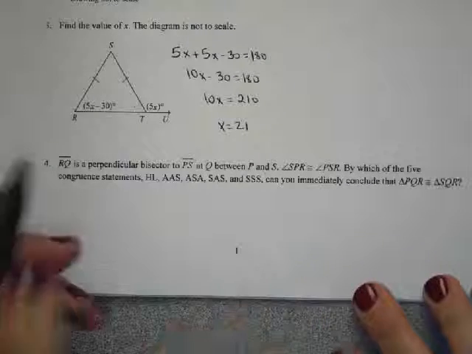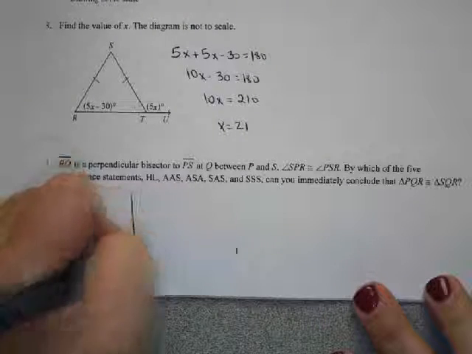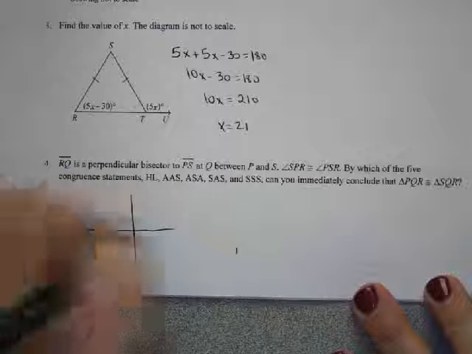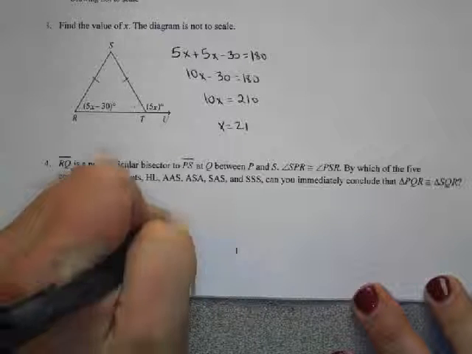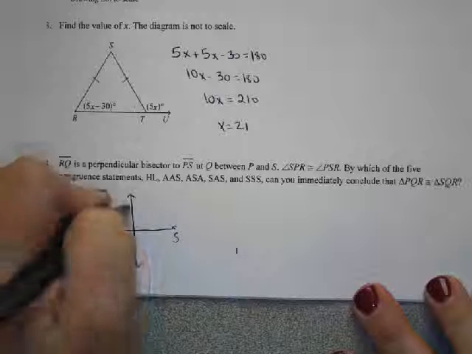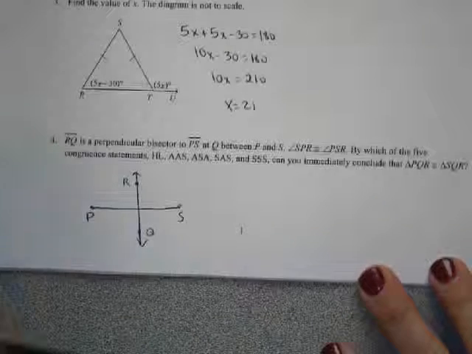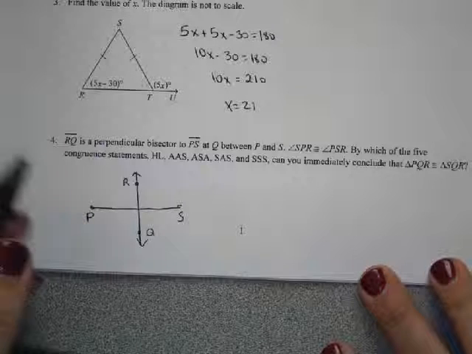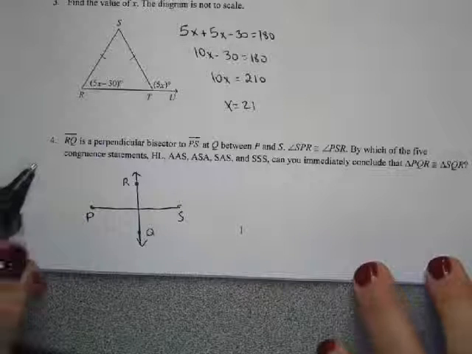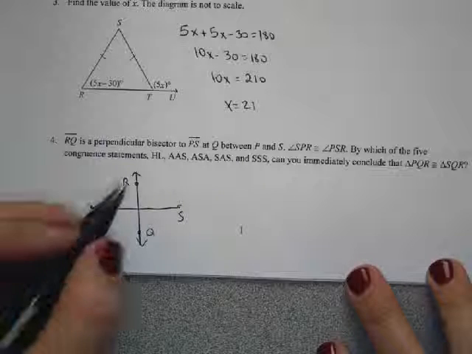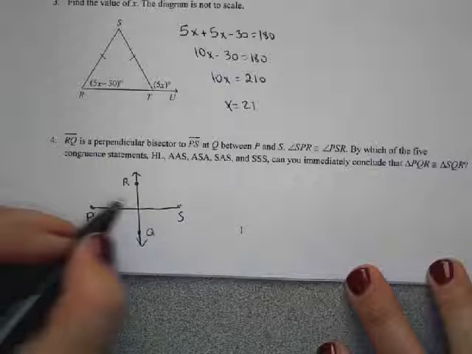For number 4, if RQ is a perpendicular bisector of PS, draw a picture. And angle SPR is congruent to angle PSR.